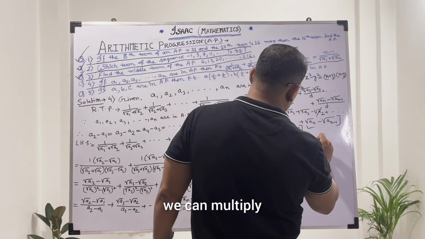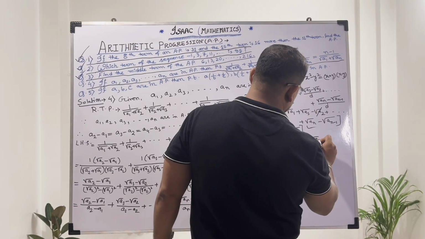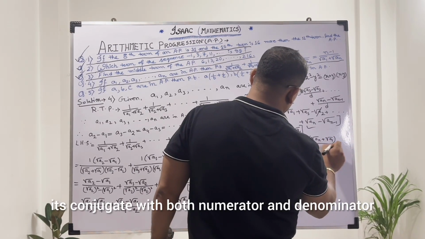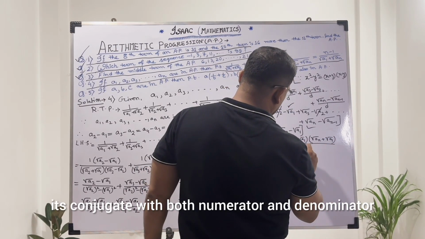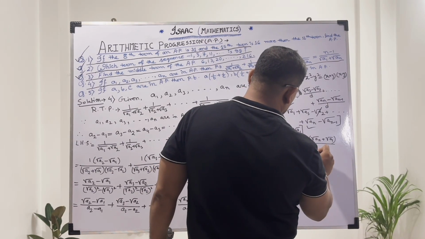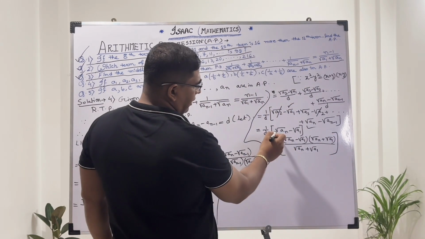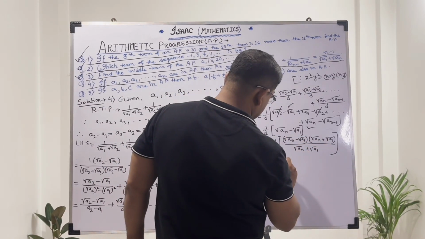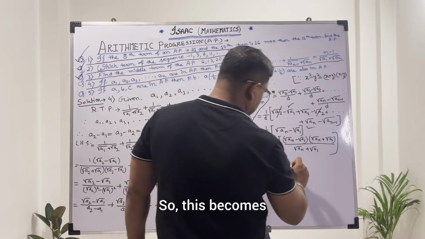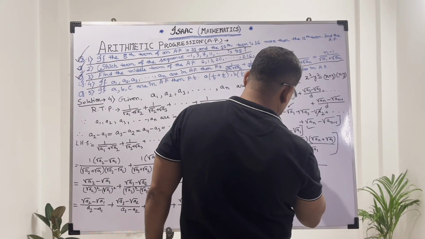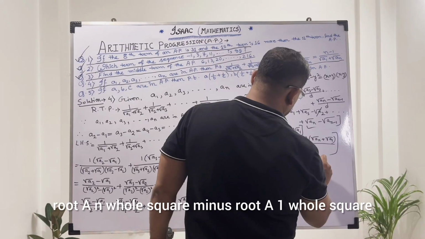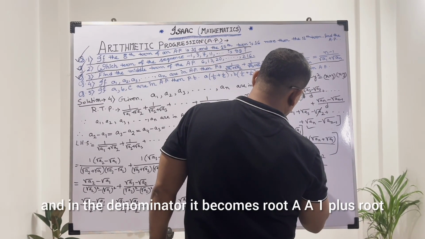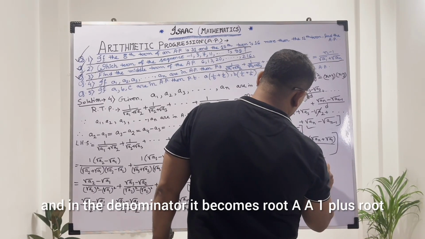Now we can multiply its conjugate with both numerator and denominator, like this way. Multiply this by this and then balancing this. So this becomes root AN whole square minus root A1 whole square, and in the denominator it becomes root A1 plus root AN.